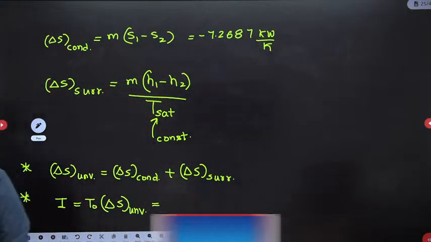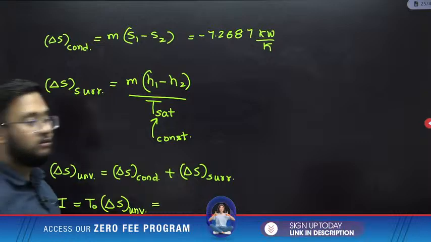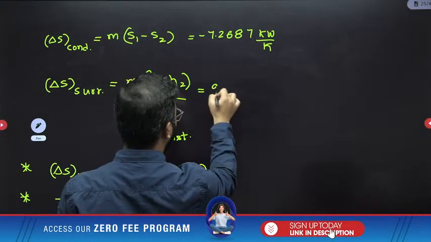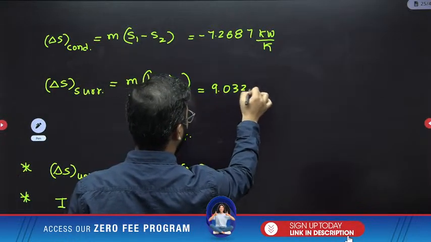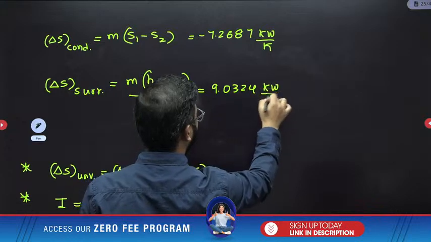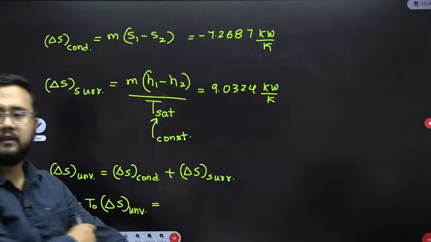And second one is coming approximately 9.0324. 9.0324 kilowatt per Kelvin. Like this.